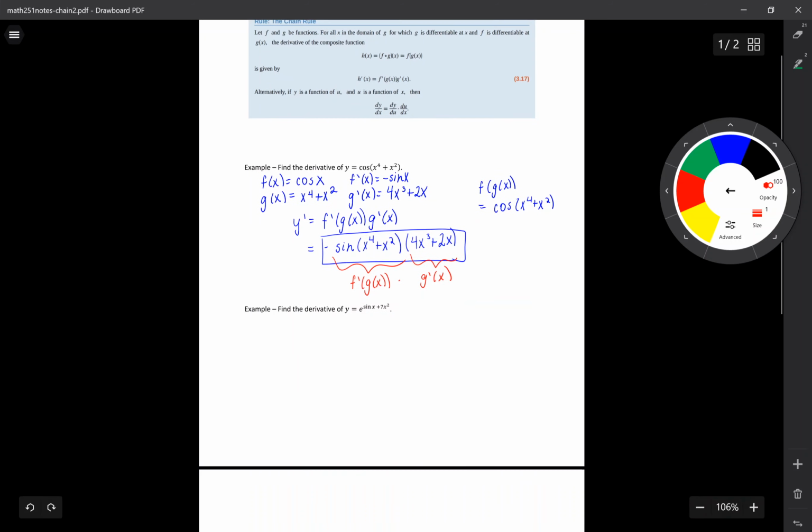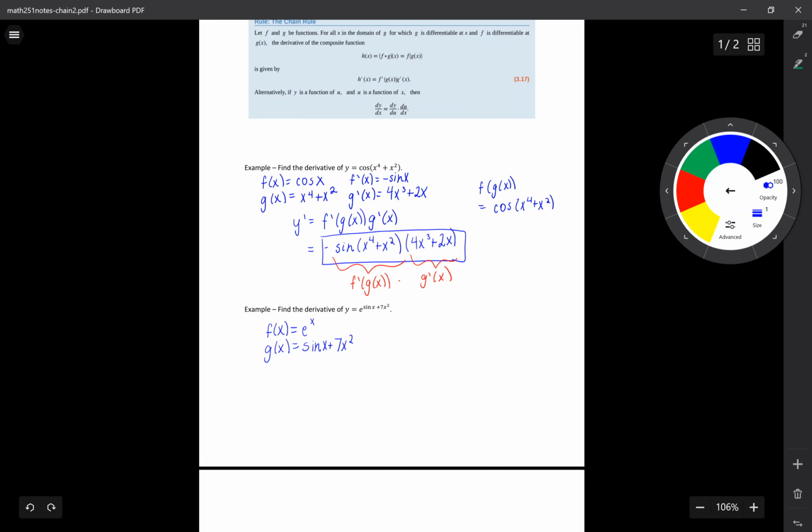Let's do another example. Here we want to find the derivative of y equals e to the power of sine x plus 7x squared. So our outer function f, what are we doing here? Well, we're taking an exponential. So that is our outer function e to the power of x. And our inner function, what is the power of our exponential, is sine x plus 7x squared.